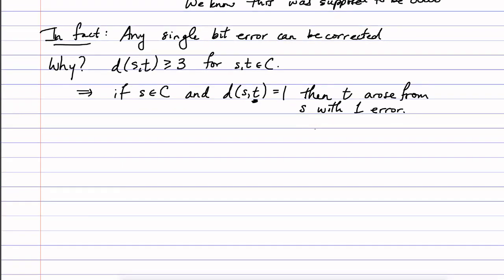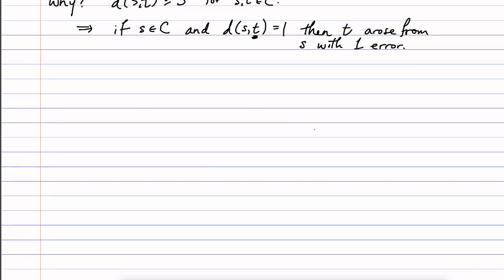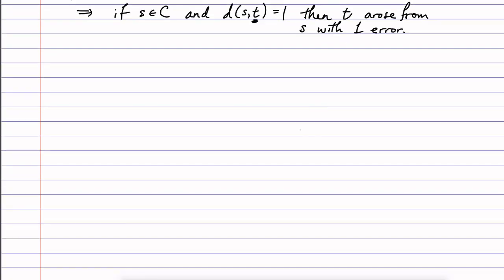Okay, but now we can generalize this to the concept of k error correcting instead of just being able to correct one error. So this code C would then be called one error correcting, and in general, C is k error correcting if you never have this problem of ambiguity when trying to resolve detected errors up to k errors per code word.